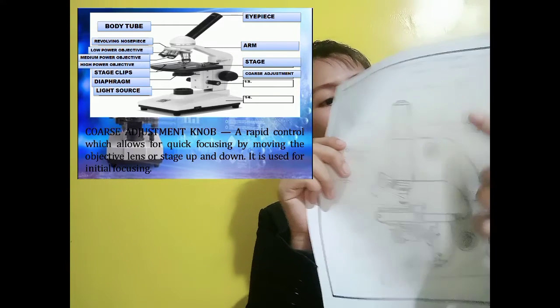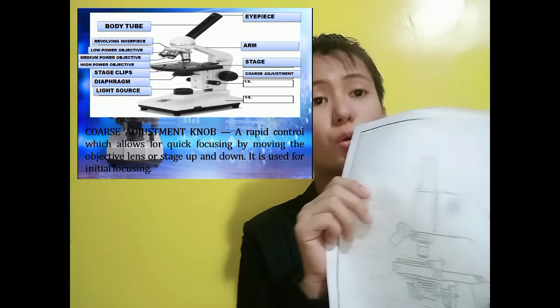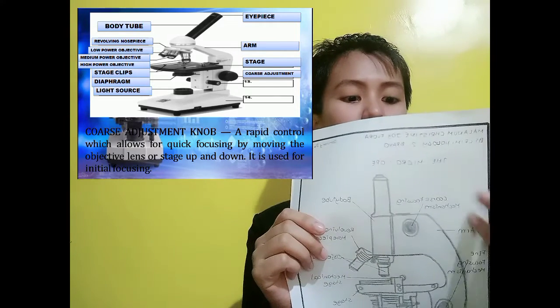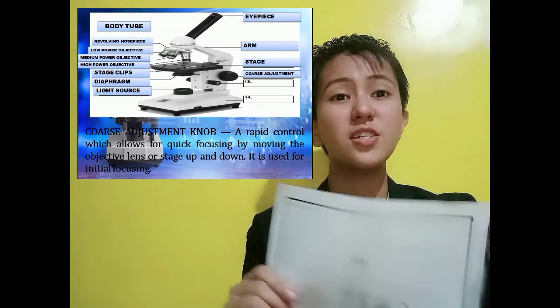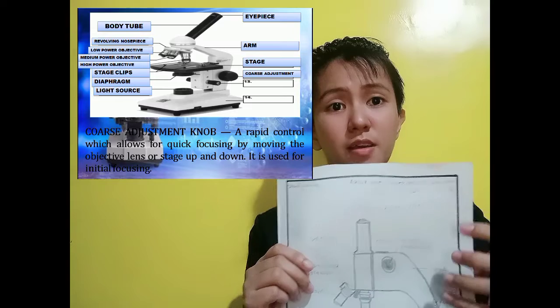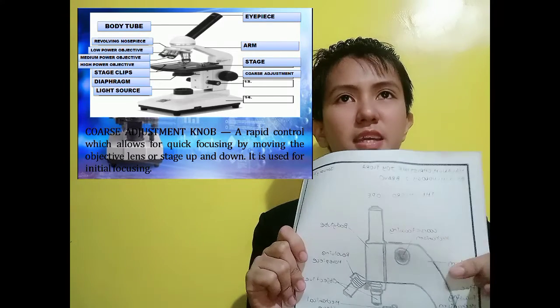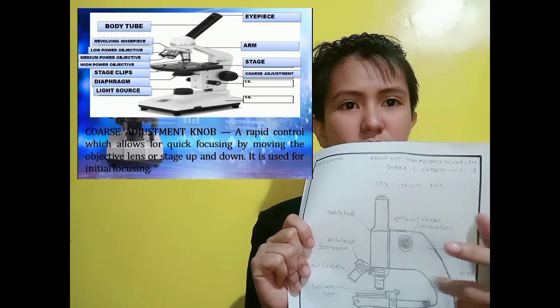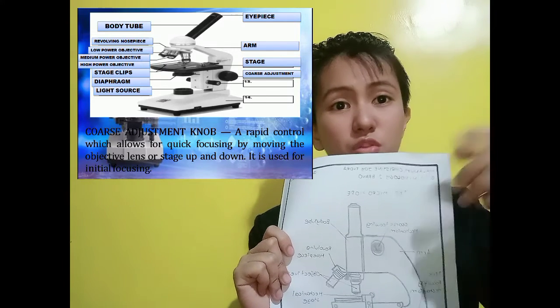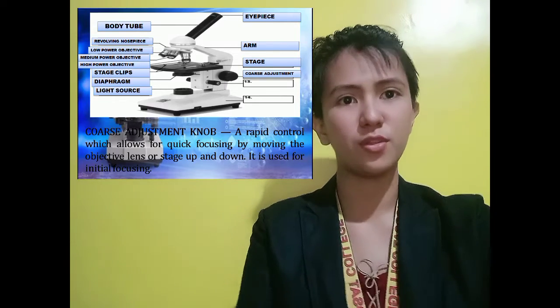Magkadikit itong coarse focusing mechanism at saka itong fine focusing. So, yung coarse focusing is, siya yung i-adjust mo, i-focus mo yung malaking, para i-focus mo siya, i-rotate mo siya, ganon. So, yung coarse focusing mechanism yon.